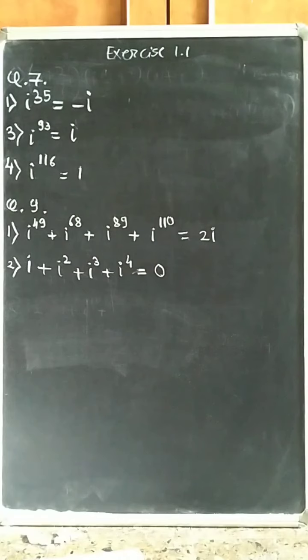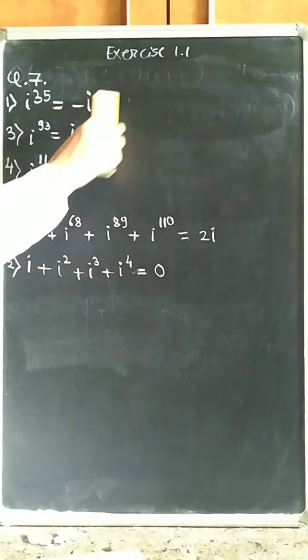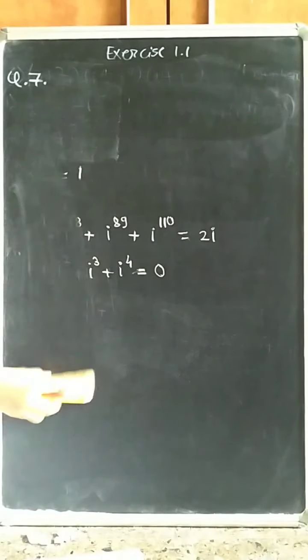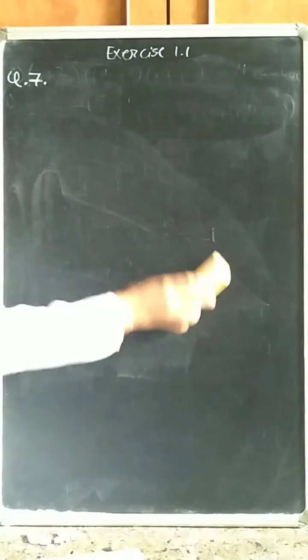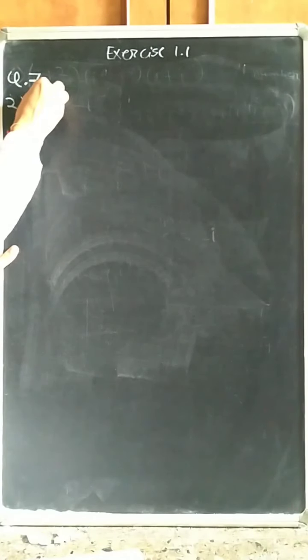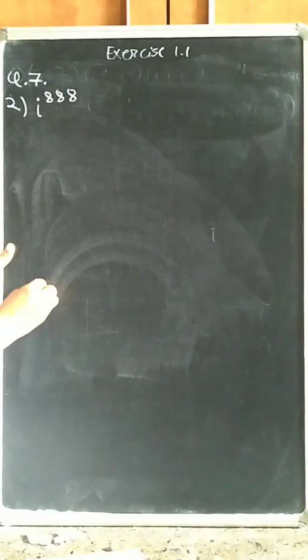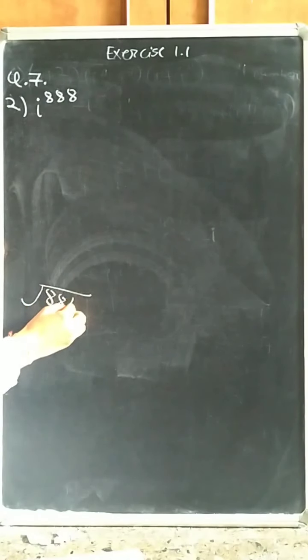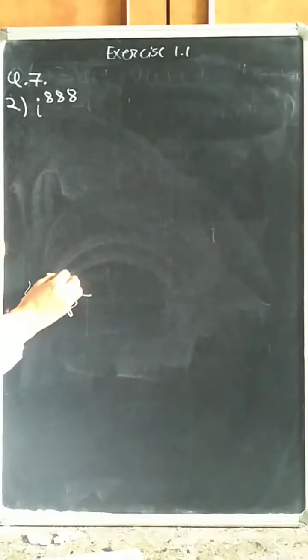Okay. Now let's do question number 7, another example except these 3. Now we have to do the second one, which is i raised to 888. So we divided 888 by 4.